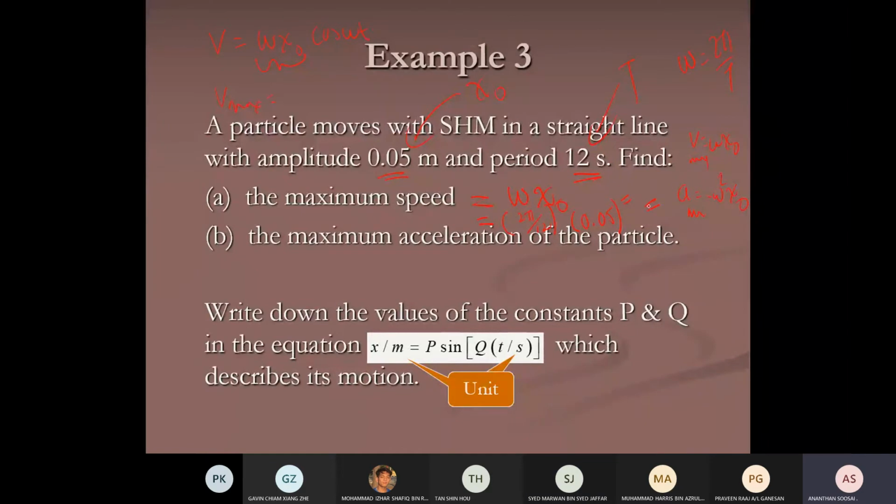So you times, you get your maximum speed. Whatever answer you got, what is the unit? Meter per second. That's the first answer. Maximum speed, the formula that must come to your mind is omega x naught.